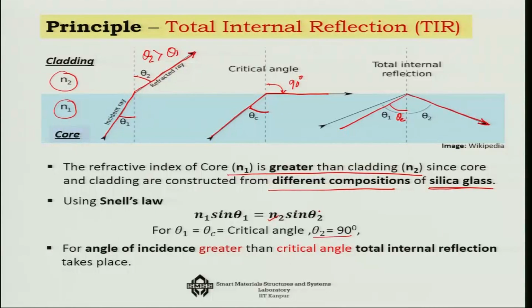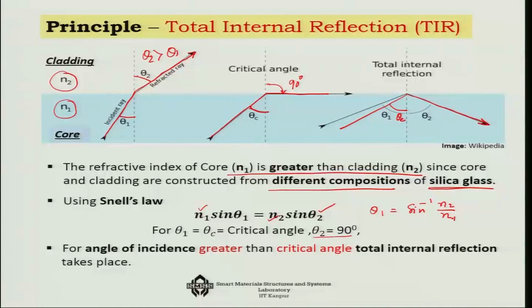So, theta 2 is known to me, and then I can find out theta 1, or I can find out n1, either of them. Suppose n1 is known to me, then theta 1 will simply be sine inverse of n2 over n1. So, you will know at which angle the ray is to be inserted into the optical medium.